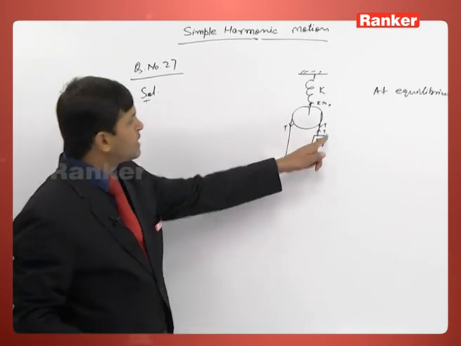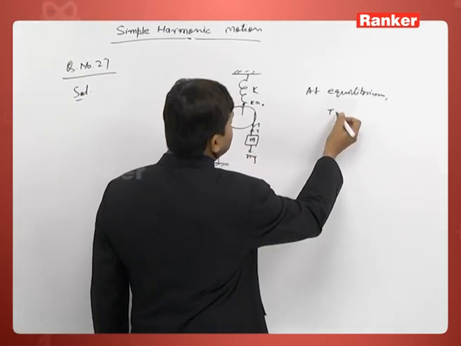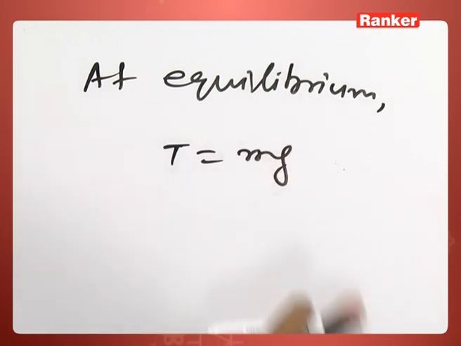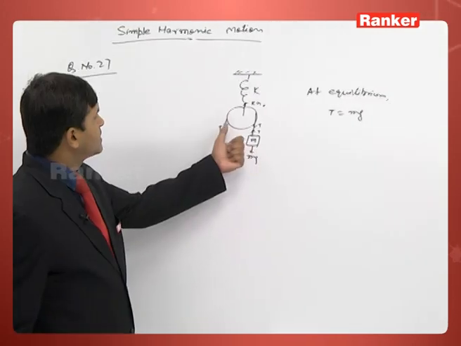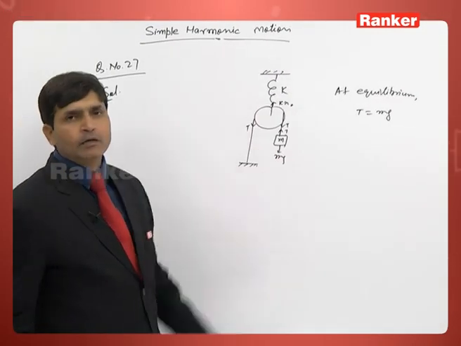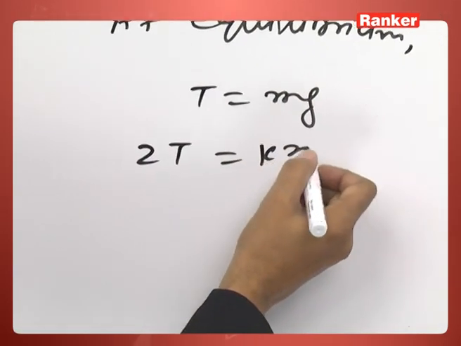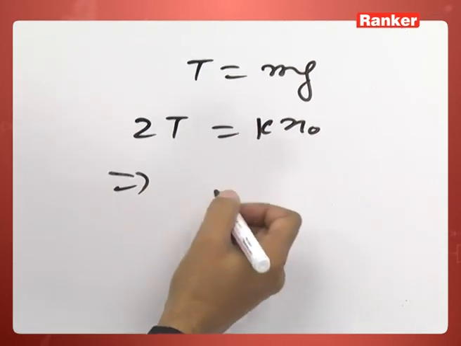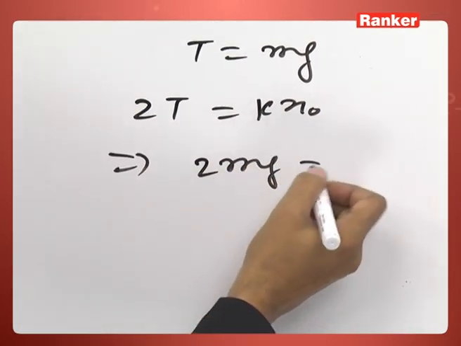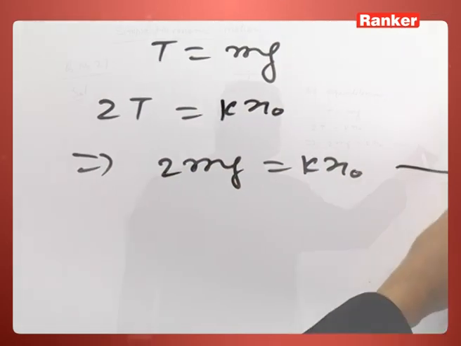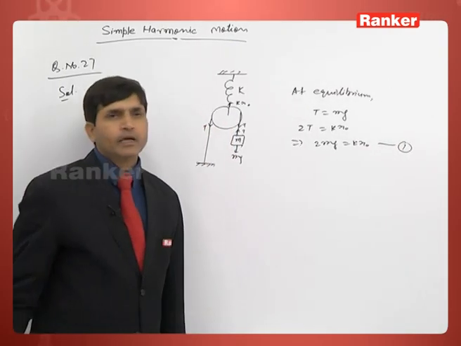So at equilibrium T is equal to mg, and T plus T, 2T, is equal to kx naught. So 2T is kx naught. So that gives us 2mg is equal to kx naught. This is the condition for equilibrium.